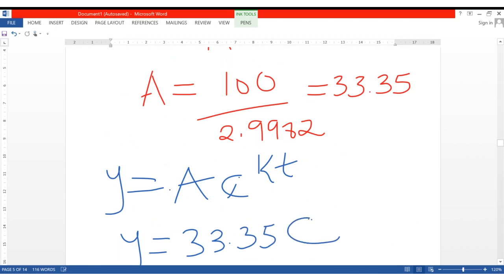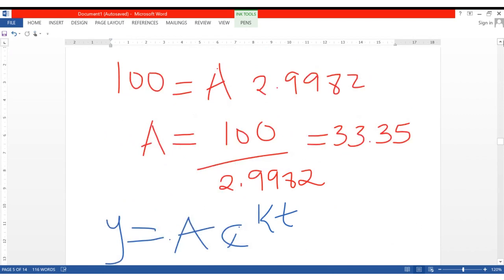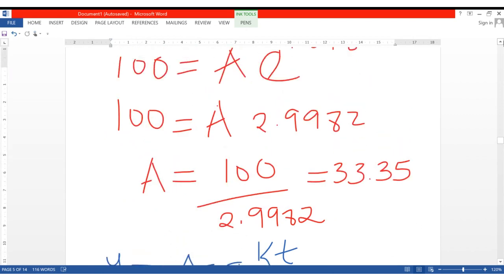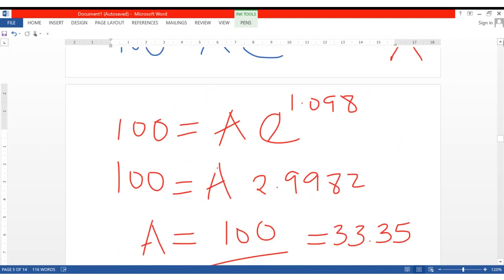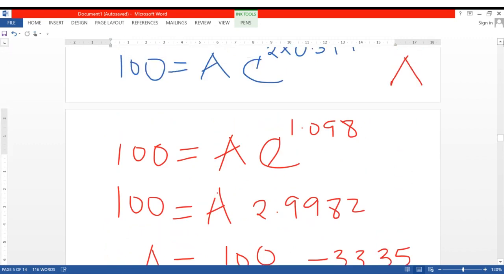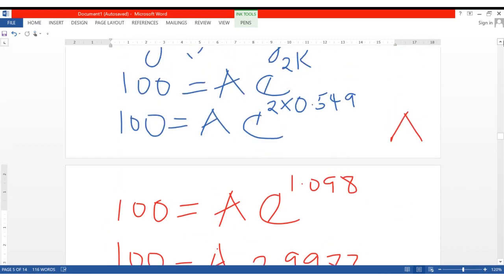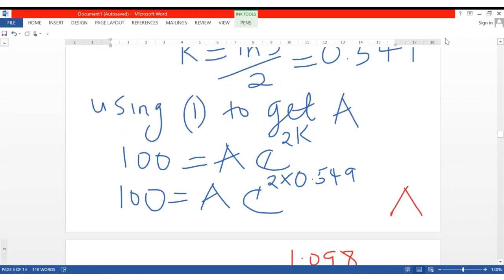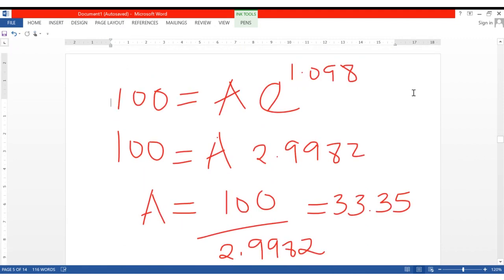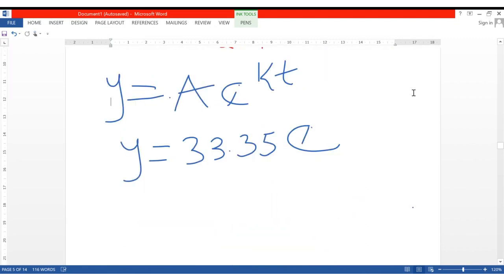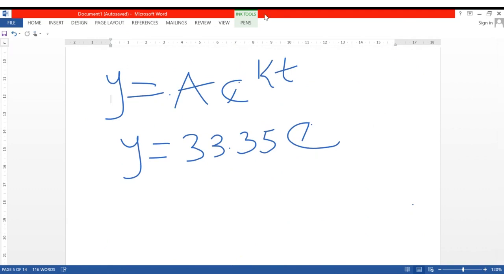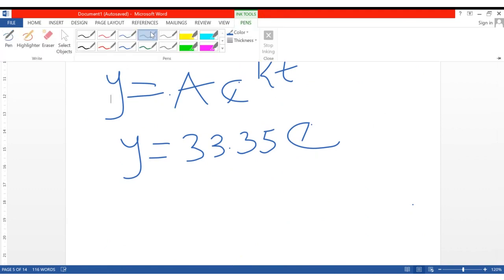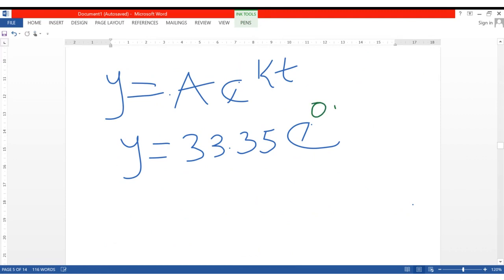And then our k was 0.549. And then I have the t now.